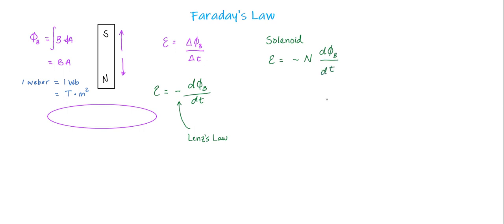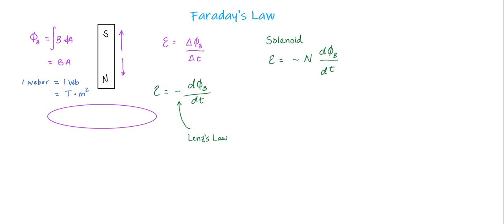Just like this. And this now is a much more useful form of Faraday's law. What it says is that EMF is generated through an opposition to the change in flux. The rate at which that happens determines how much EMF is generated.